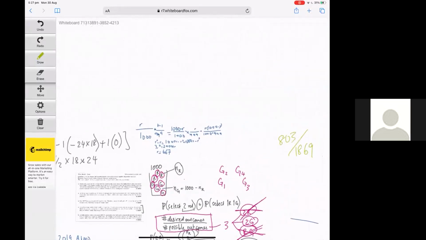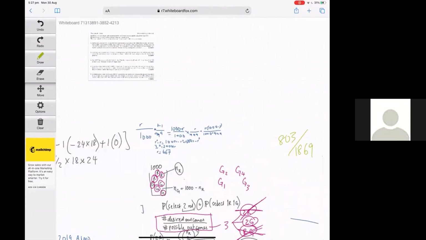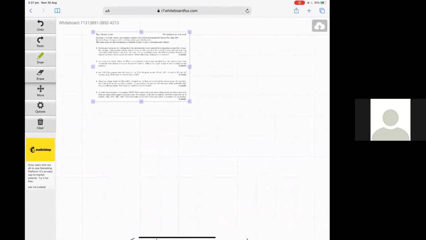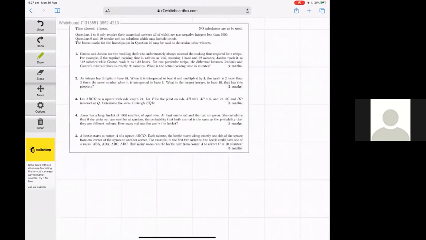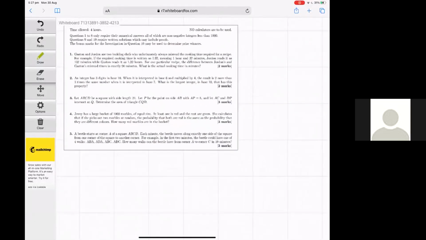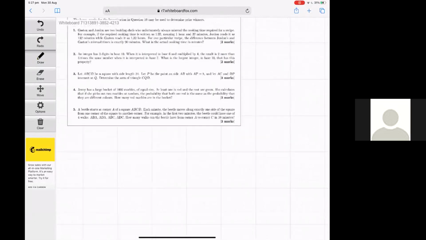I'll just do question 5 as well, and then Ayush can take you through 6 to 9. So question 5: there's a beetle at the corner A of square ABCD.